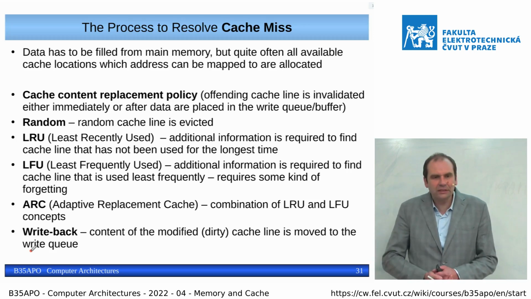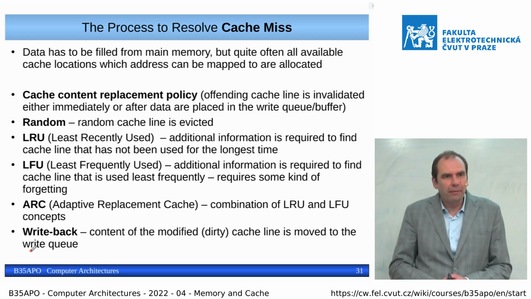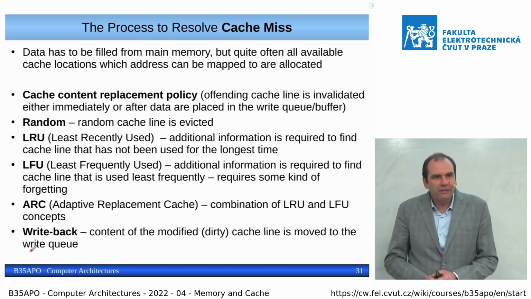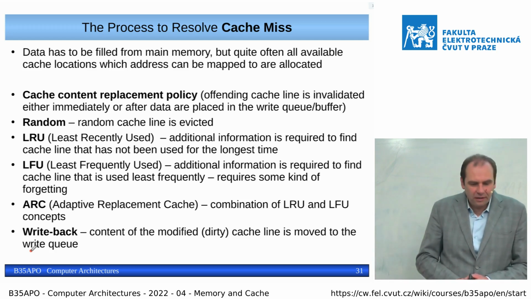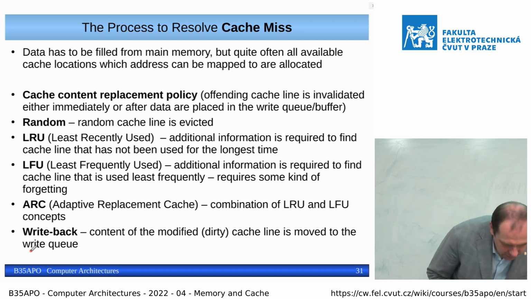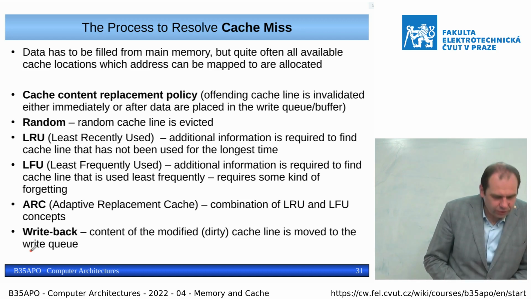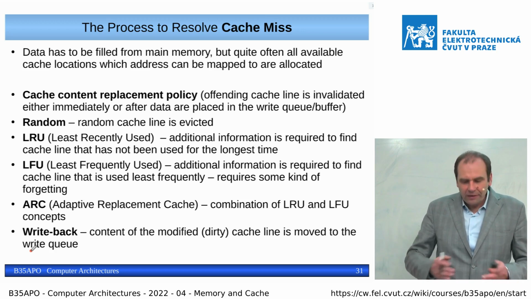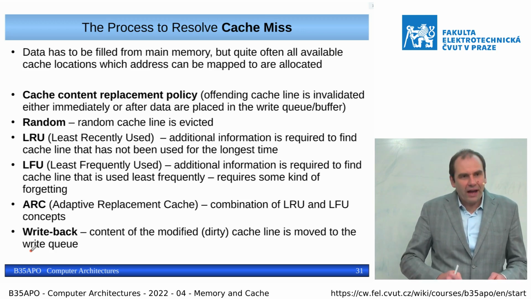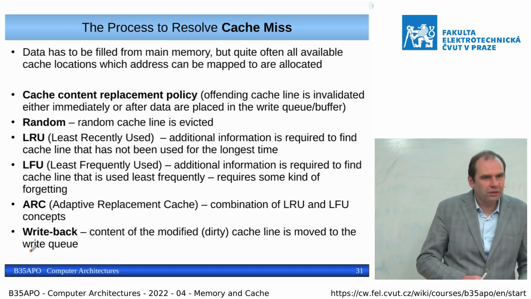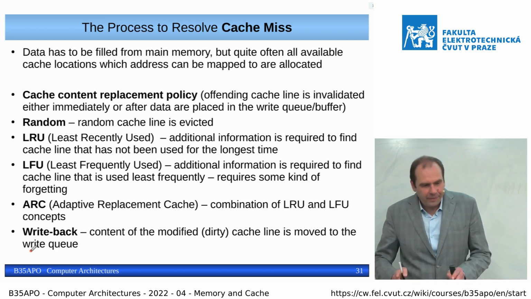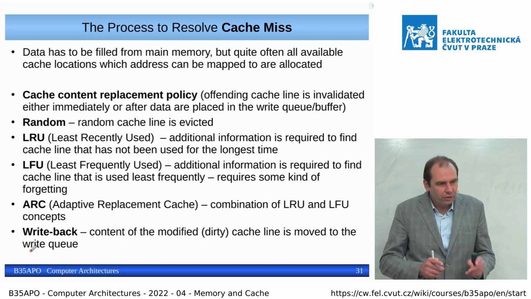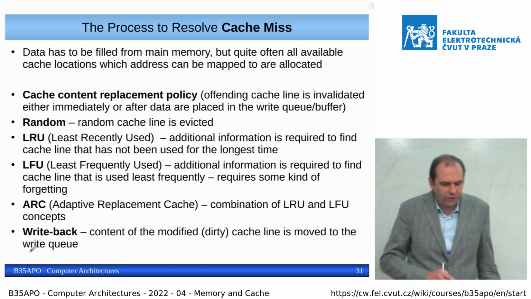And at this moment we get to the trouble, because we have some capacity of the cache, and very quickly we use the whole capacity of the cache to store data. At this moment we need to find which data we should release from the cache and use that location for new data.